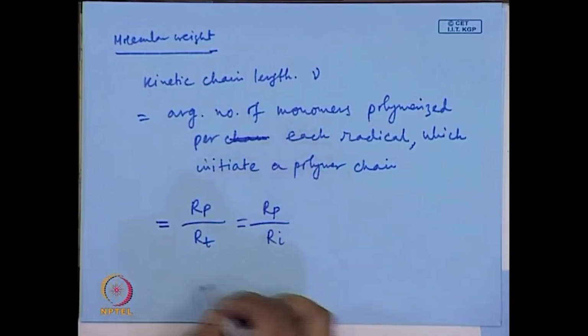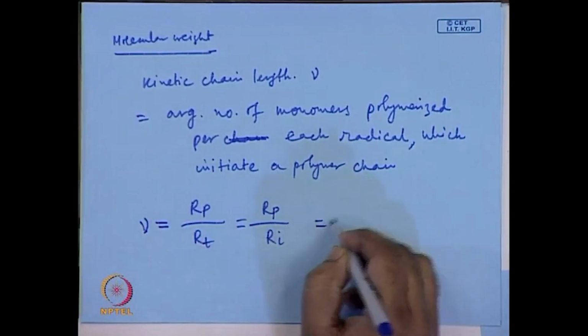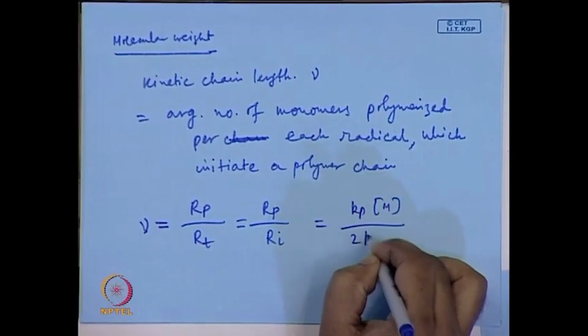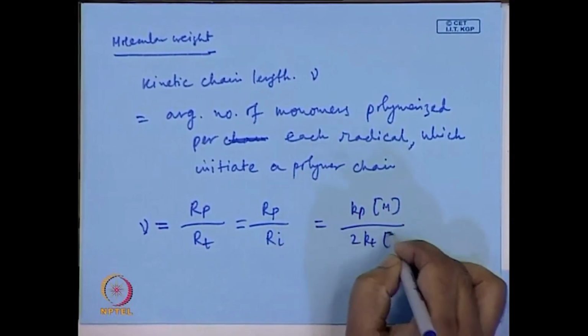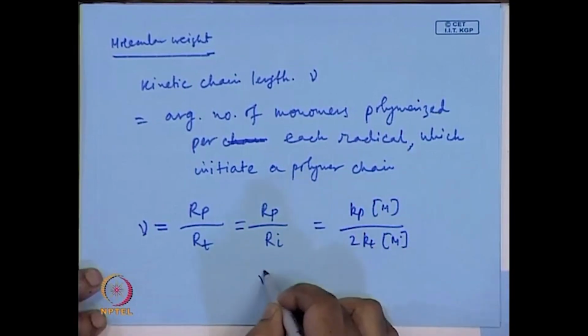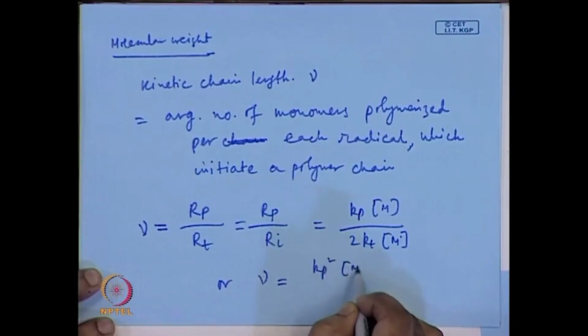So, we can write nu as Kp[M], from the last expressions which we derived in the last few pages, we can write this as well.